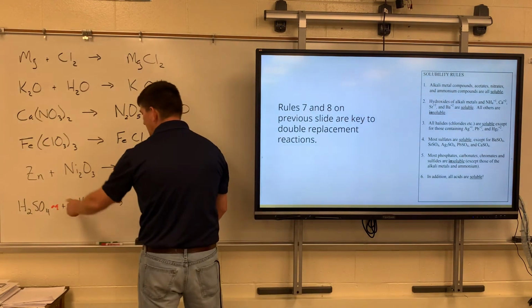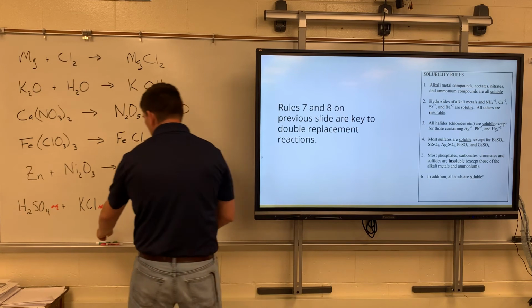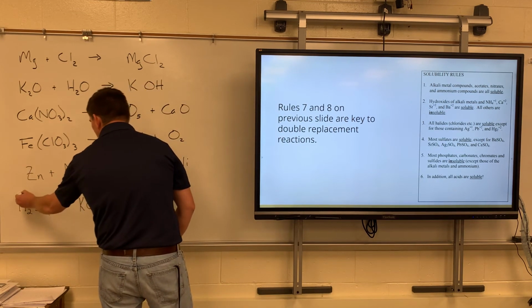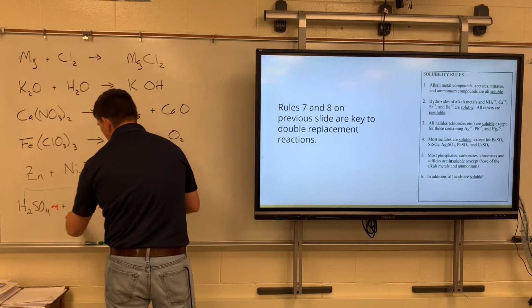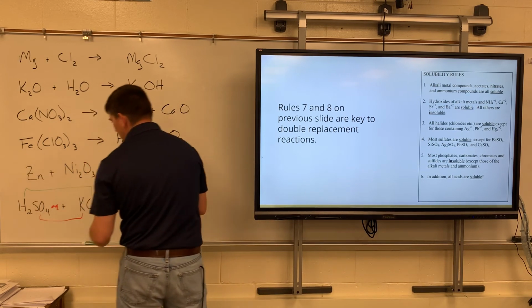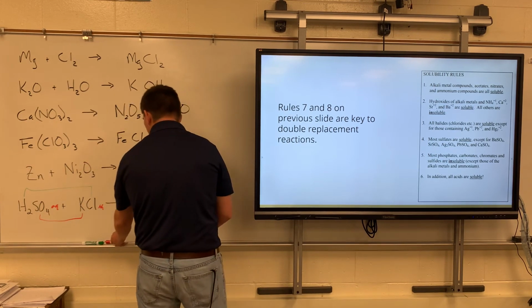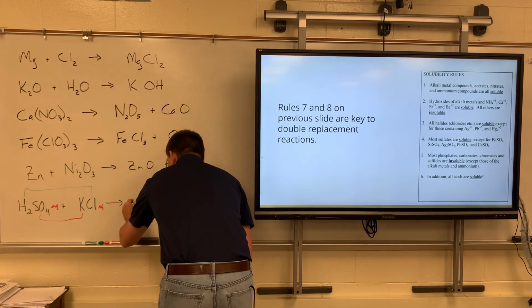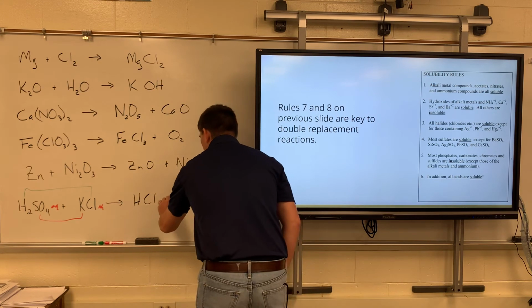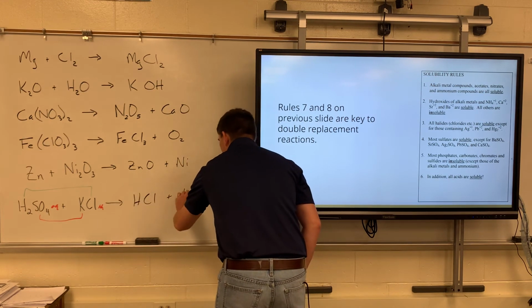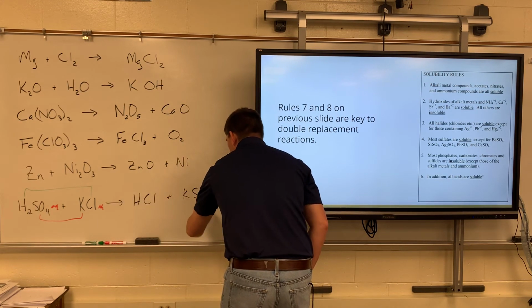But they both were, so we swap it up. We have this one bond with this one, and then we put these two on the inside bonding together. So I've got hydrogen bonded with chlorine, and then I've got potassium bonding with sulfate.